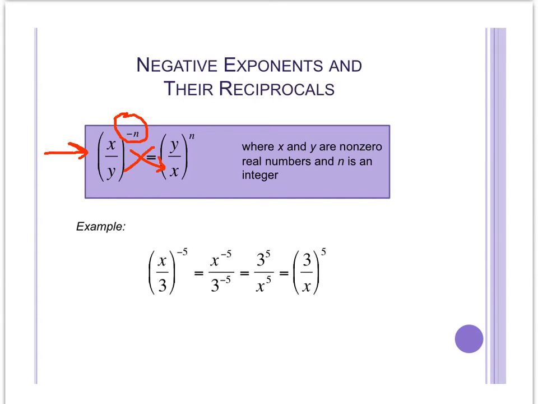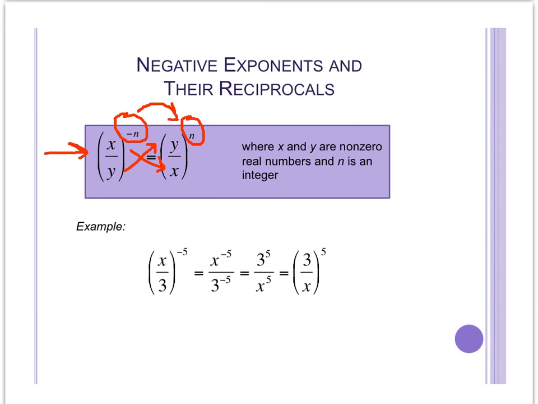So whatever was in the denominator will be in the numerator, all raised to now the positive exponent. So if it was once negative n, it now becomes a positive n. And when doing this, you need to make sure that x and y, or the denominator and numerator, are non-zero real numbers, and n, or the exponent, is an integer.